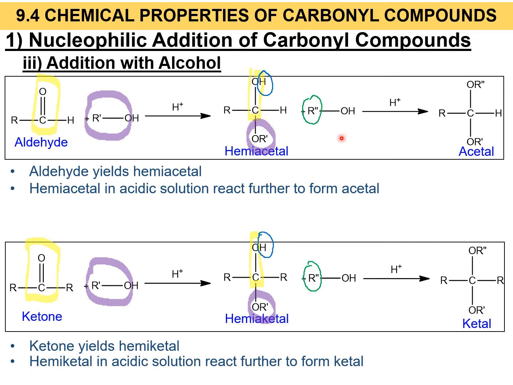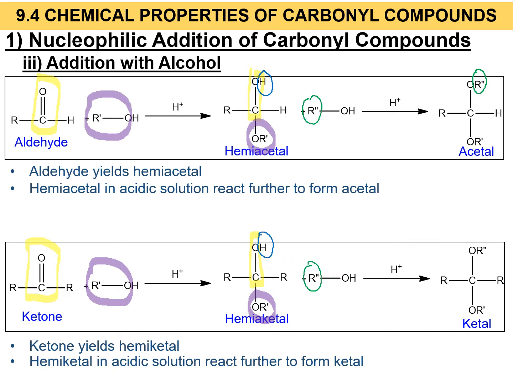So kalau untuk hemiacetal, okay, this is hemiacetal. Bila dia react further dengan alcohol in the presence of H+, site yang akan terlibat untuk buat this kind of reaction adalah H. So H ni you just tukar dengan this R prime. Okay, so R prime ni ada kat situ. Okay, same goes to the hemiacetal if you react further with alcohol in the presence of H+.